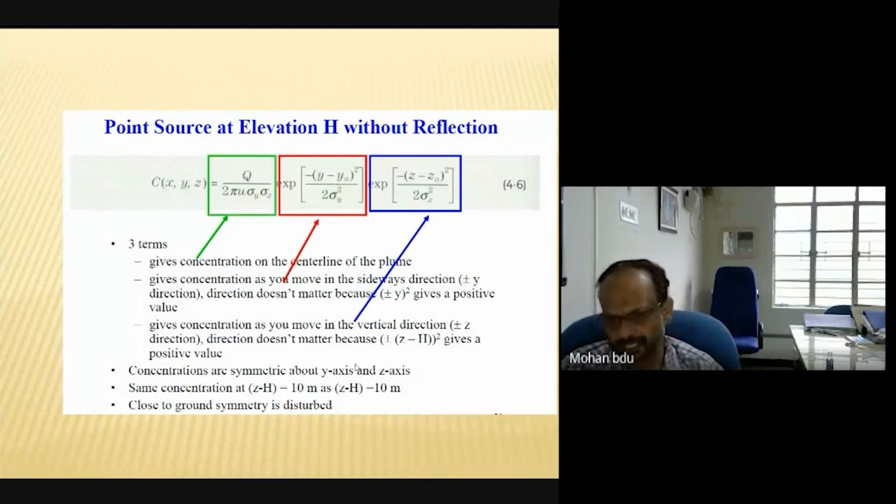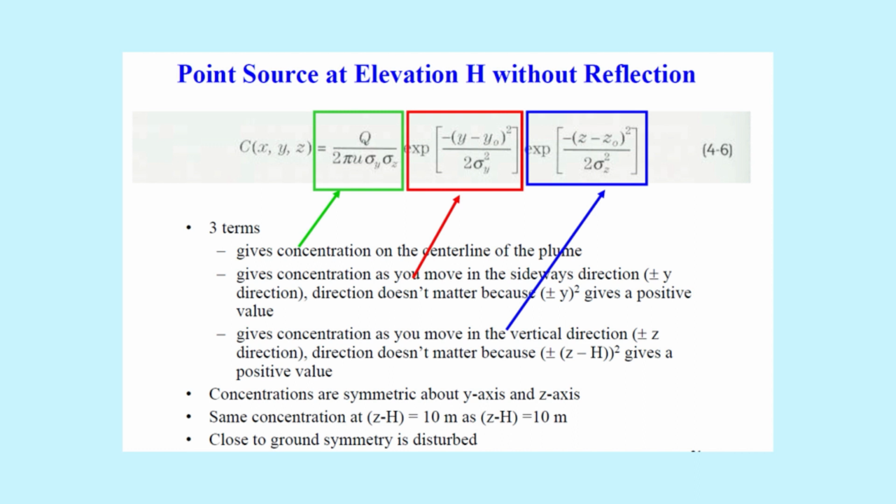Based on the atmospheric stability, we can actually get the coefficient values, which I'll come to later. So you can have all the three equations at whatever is the desired location.